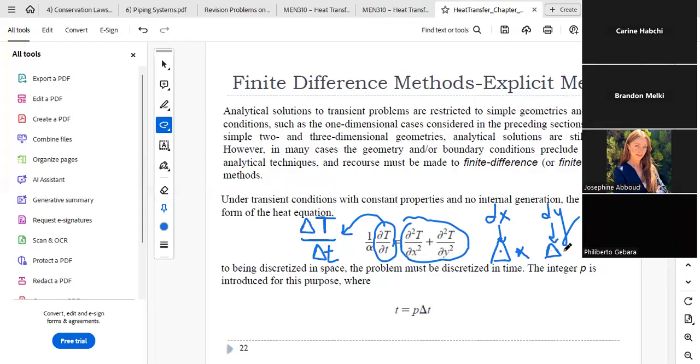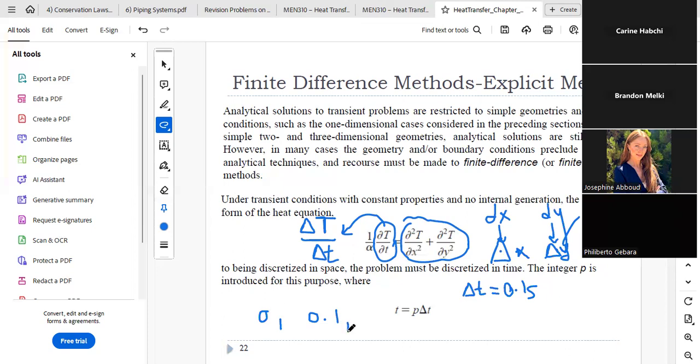For example, if we say that we will discretize time with a step of 0.1 second, so if we take delta t to be 0.1, then we can say that the times will be 0, 0.1, 0.2.